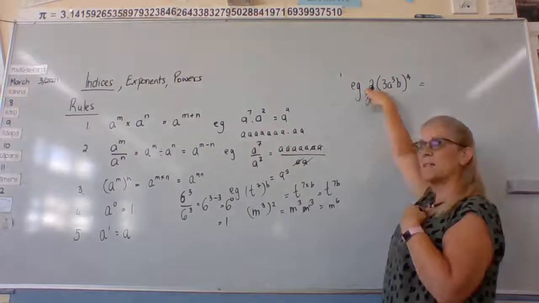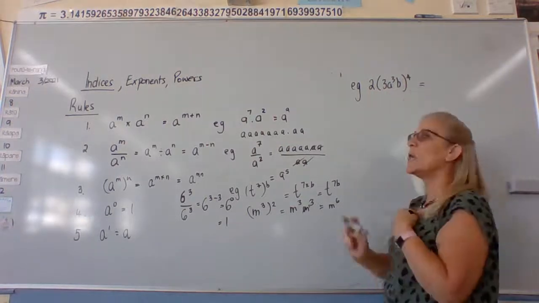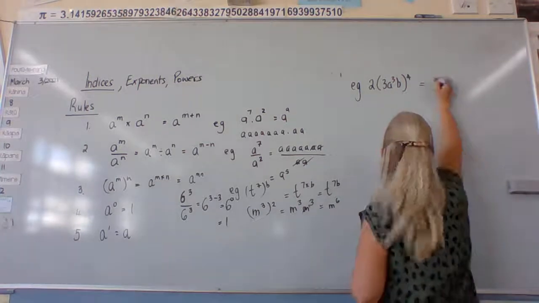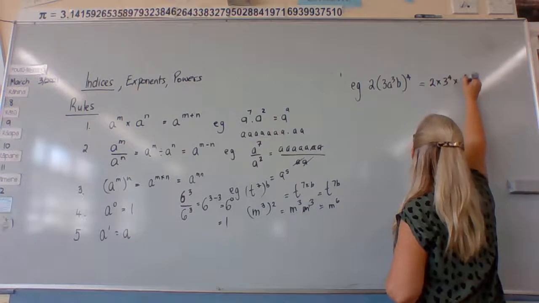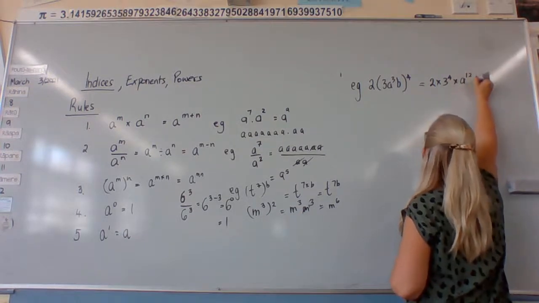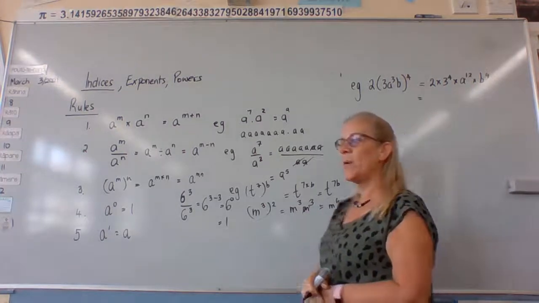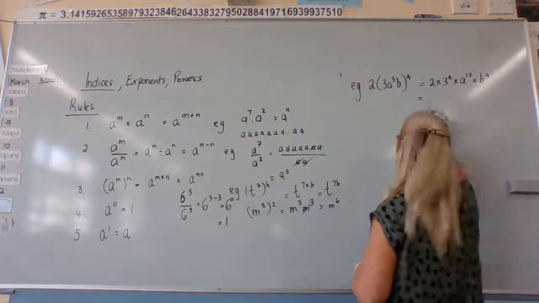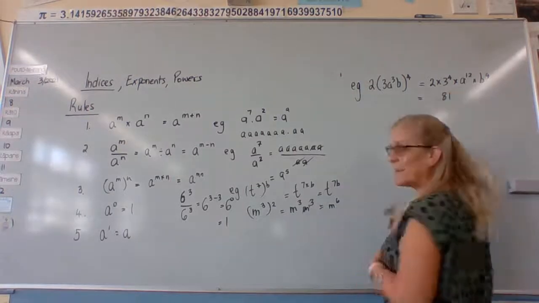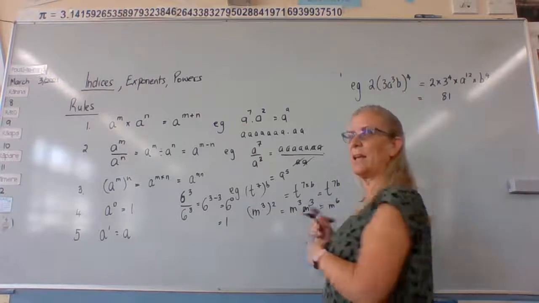So this 2 is outside, it is not affected by this, but this 3 is inside, so it is affected by this. 2 times 3 to the power of 4 times a to the power of 12 times b to the power of 4. 3 to the power of 4 is 81, right? It is 3 squared, so 9 times 9, 81.